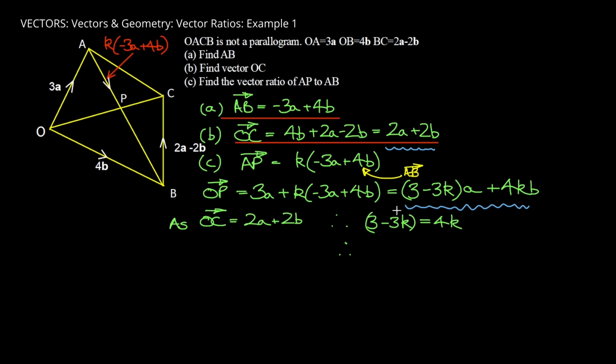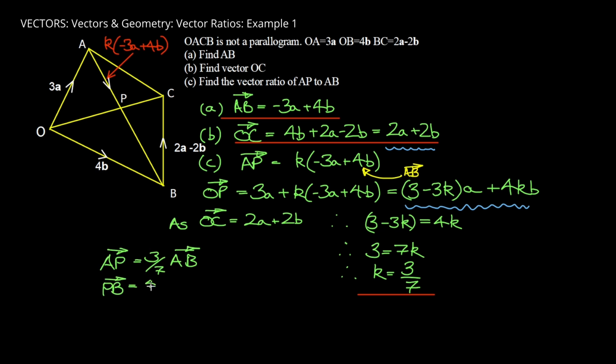So if I move the 3k onto the right-hand side, it becomes positive. So I can say that 3 must equal 7k, and therefore k is equal to 3 over 7. And that means that AP is 3/7 of the journey of AB. And that also means that PB is 4/7 of AB.